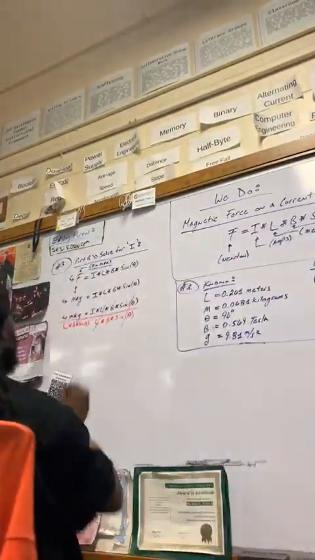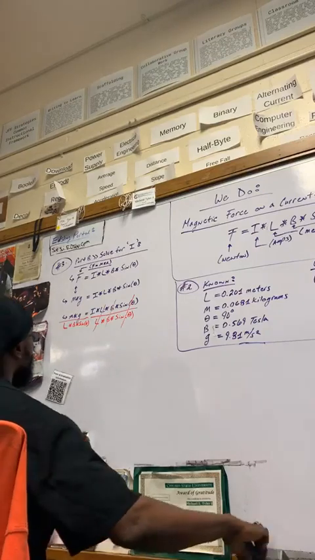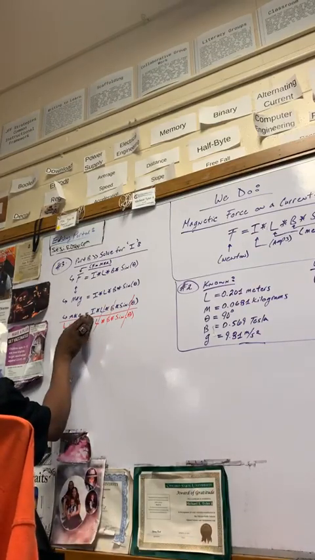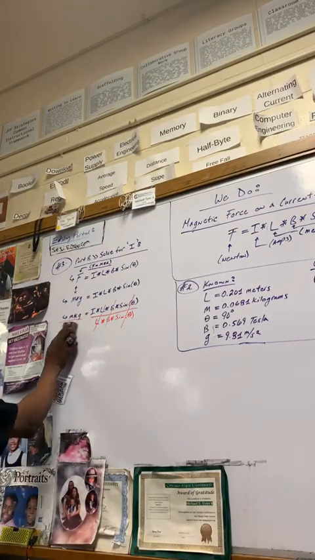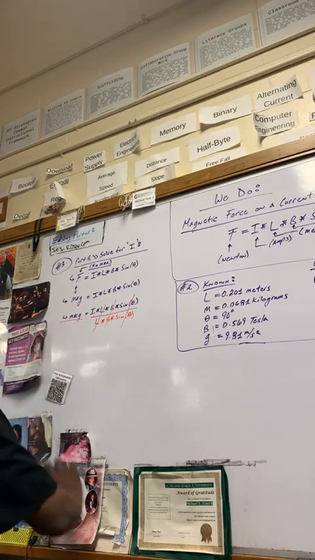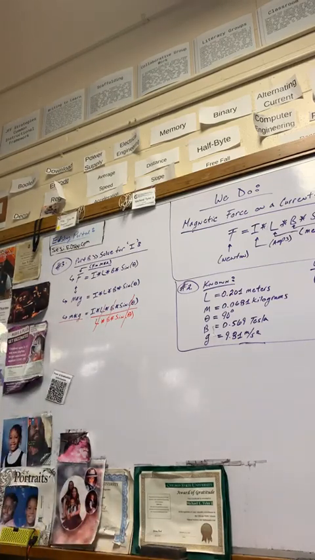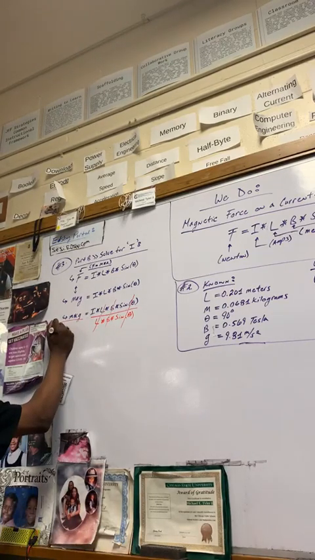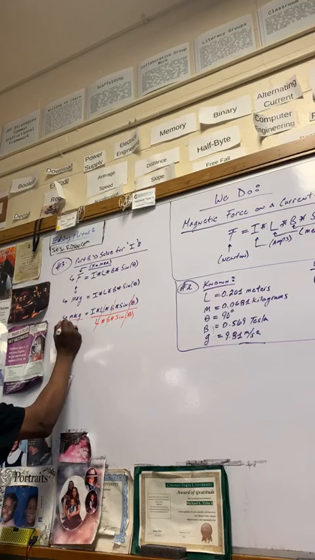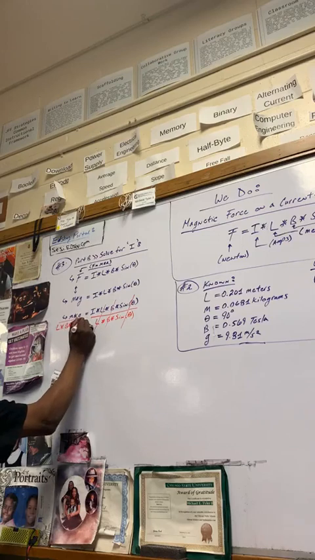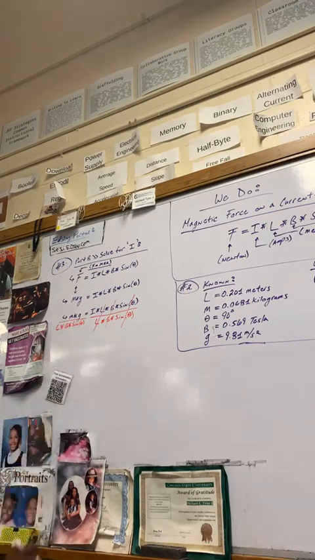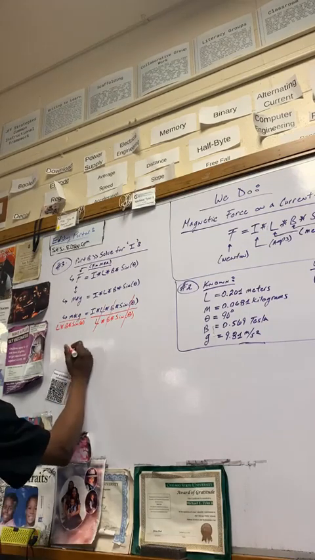So the new equation becomes, maybe I should have moved that over some. It's just too far over in the equal sign area. I don't like how that looks. Let me move it over. So again, it's going to be over here. L times the B field times sine theta. Okay, that's better. All right, now rewrite.